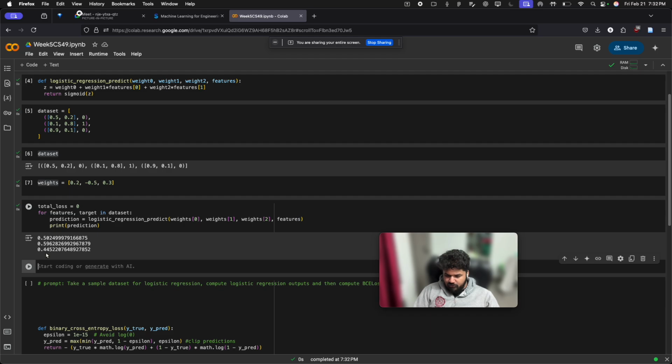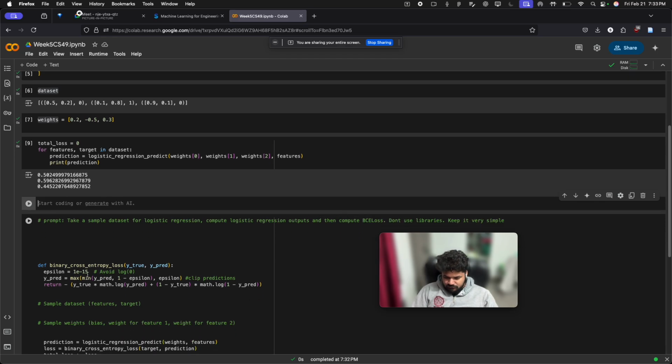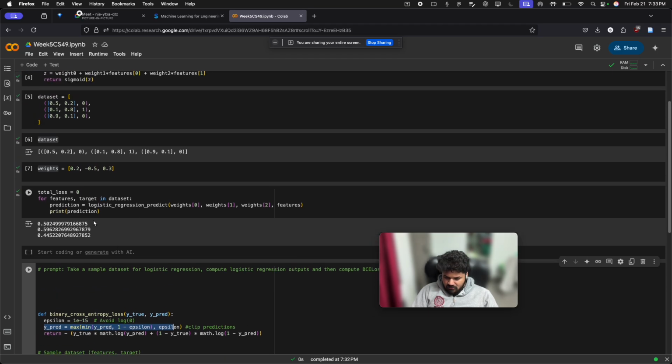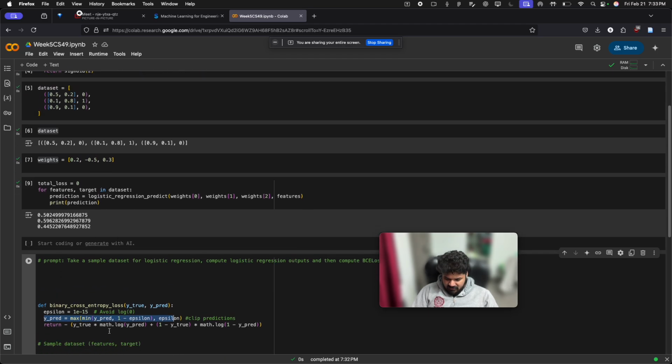This is close to 0.5 because the weights are not optimized, so this is giving me a random probability. Sigmoid has been applied. I'm not applying this thing, this is unnecessary for us right now. So these are the predictions, right?